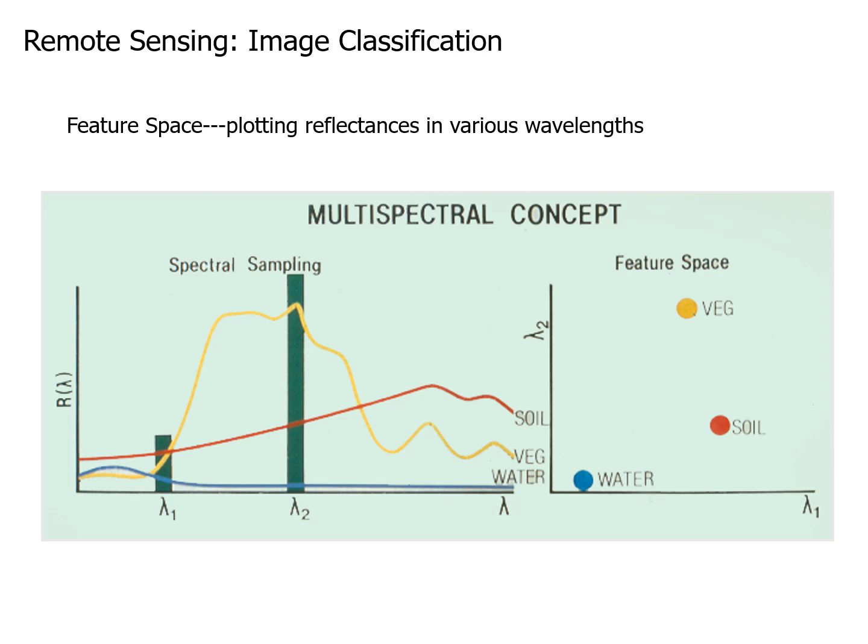Vegetation has a low value for wavelength 1 and a very high value for wavelength 2. And so it's plotted, sort of a little darker, it's shown, than soil in the feature space, but much higher in terms of wavelength 2.